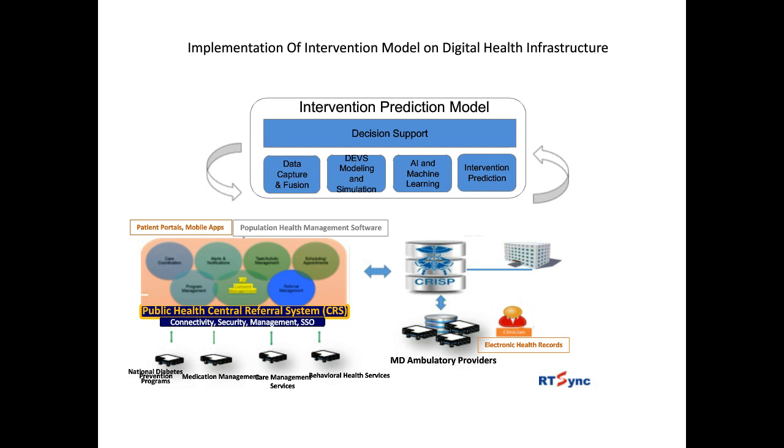This is in Maryland, where there's a CRISP, C-R-I-S-P, information exchange network that allows communication among hospitals and physicians, and allows tracking of patients as they move around and are treated in different hospitals and different providers.